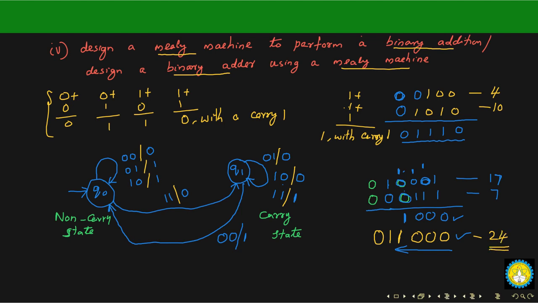So given two binary strings, you can always perform the binary addition by adjusting the input strings, putting some additional zeros to fit our Mealy machine. And the Mealy machine will function like a binary adder for us, right? Remember that this design is very non-trivial.